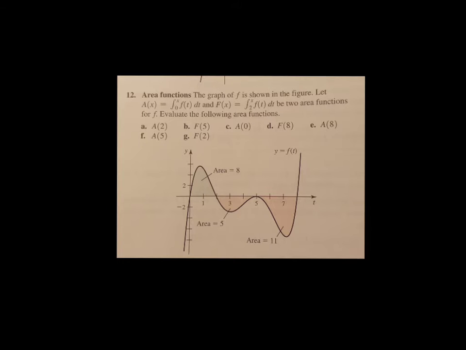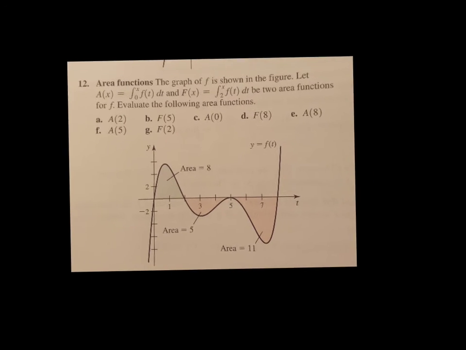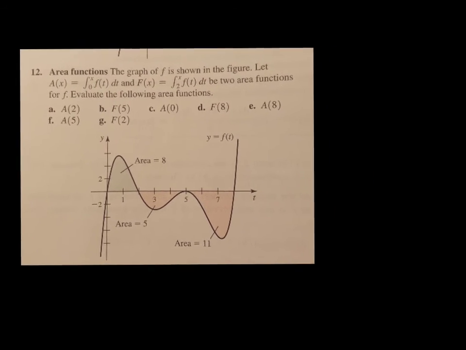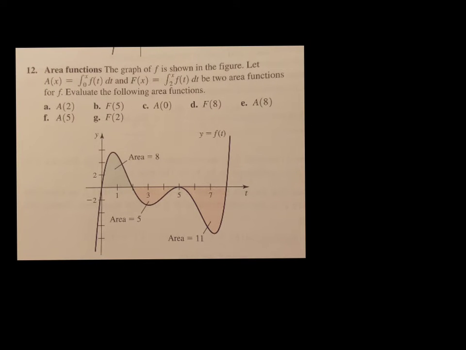So instead of going through the example, I'm just going to go over number 12, and you can use the example as kind of a refresher of what's going on since they walked through it. It says the graph of f is shown in the figure. Let A of x, our first area function, have a left endpoint of 0. That's kind of what they're saying. And then we'll go forward from there.